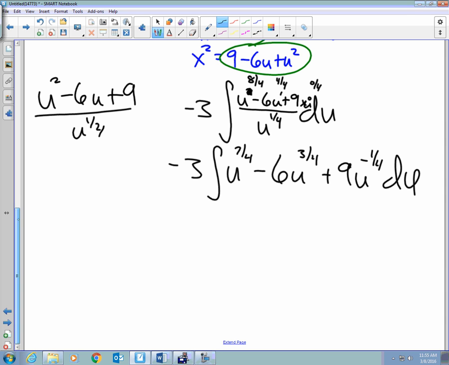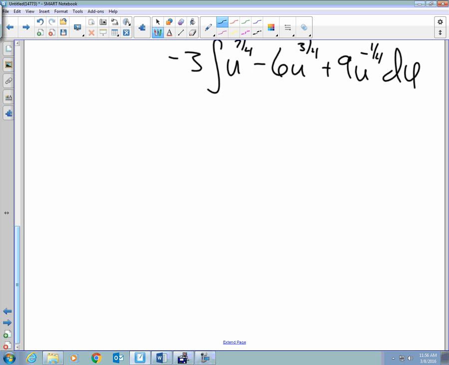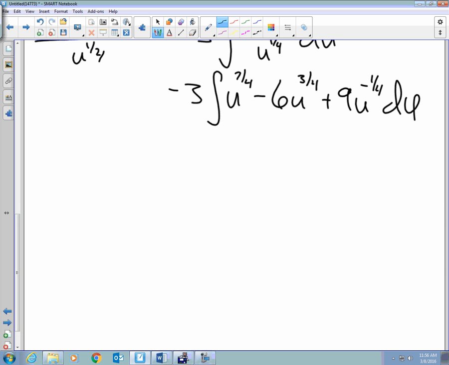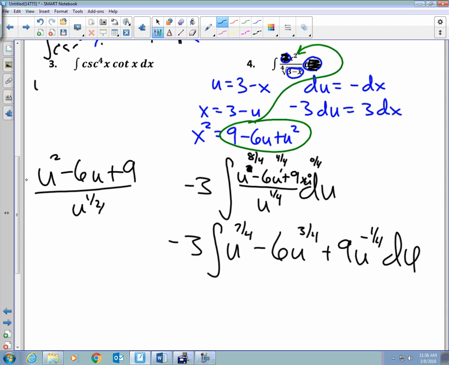All right. Almost there. Because right now it's 9u to the 0/4, because x to the 5th divided by x to the 5th is x to the 0.